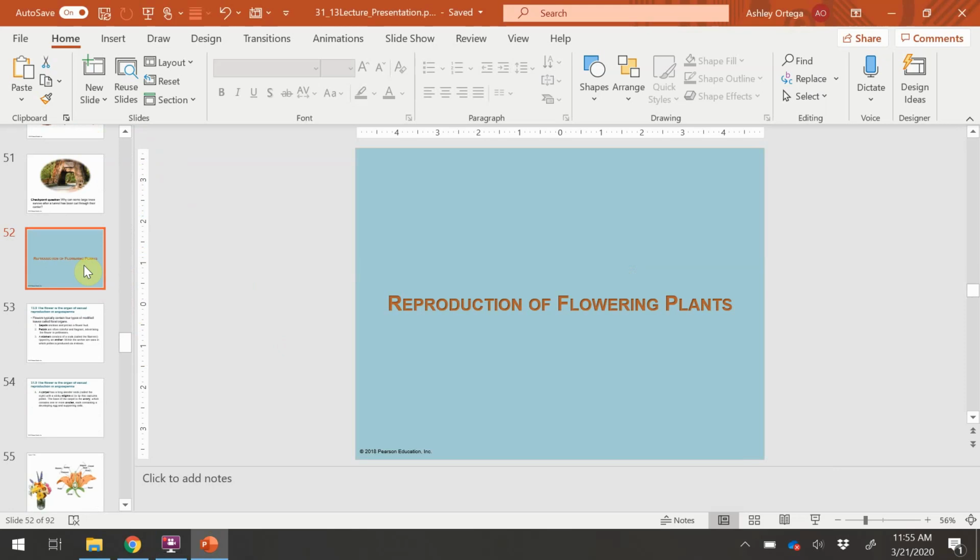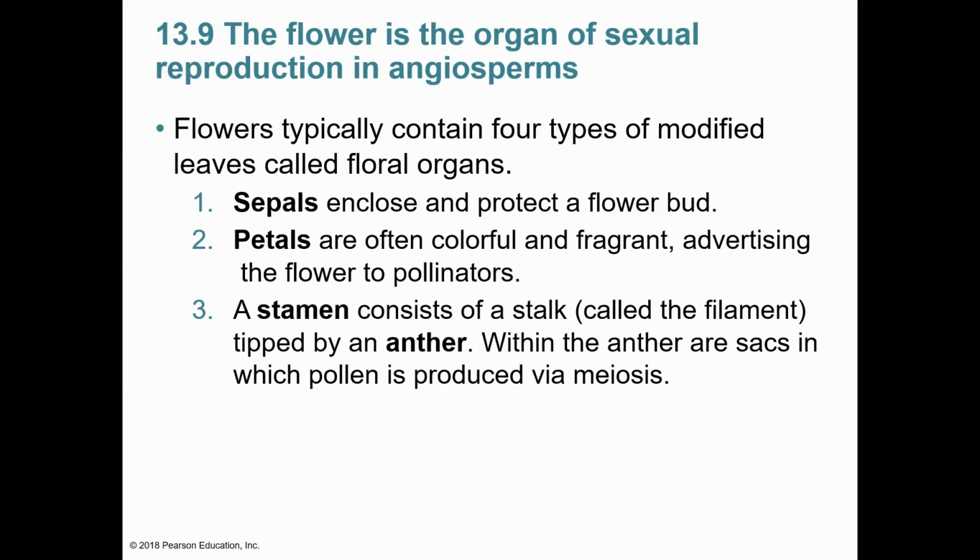Now this is something we've looked at before, so hopefully it's a little bit of review for you, but we will go ahead and look at this information here. Alright, so flowering plants. Let's start with the major organ, that is the flower. So the flower has floral organs. There are modified leaves.